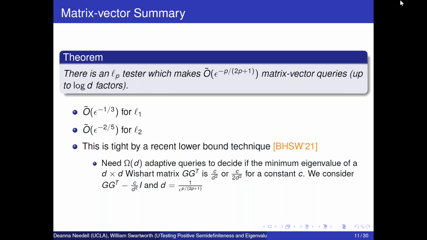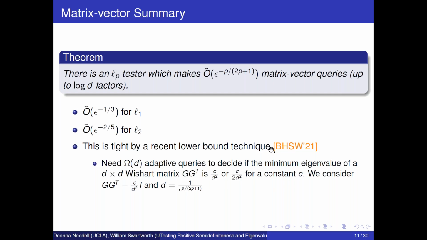This is a cool hard instance that might apply to other algorithms that you might be looking at. It turns out that the hard instance is a Wishart matrix. A Wishart matrix looks like a Gaussian matrix G times G transpose. And this matrix is positive semi-definite. It's a matrix times its transpose, so it has a square root, it's positive semi-definite.